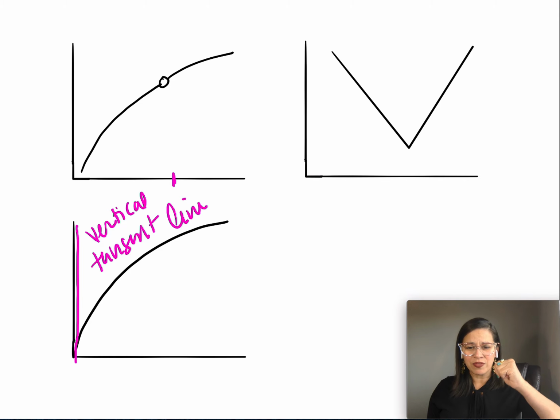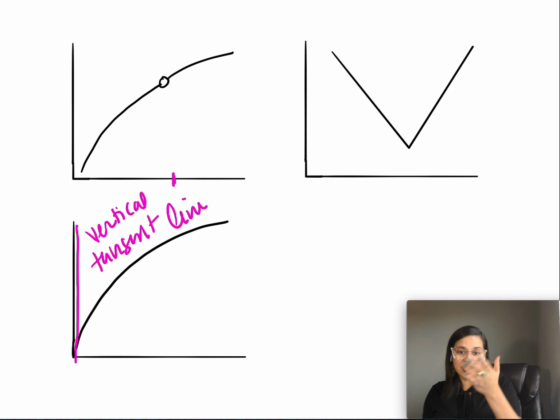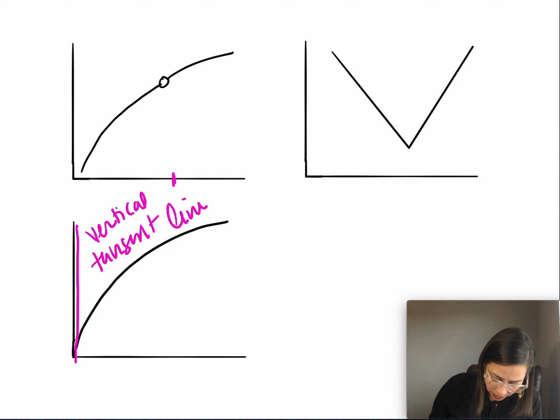So if the function is not continuous, then there's no point. How are you going to be tangent to something that does not exist? How are you going to touch the graph at a point that is not part of the graph? So in order for a function to be differentiable, it has to at least be continuous.